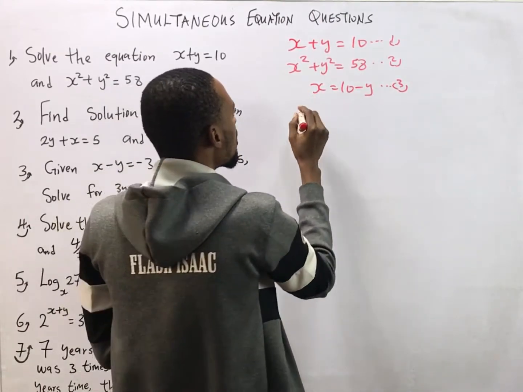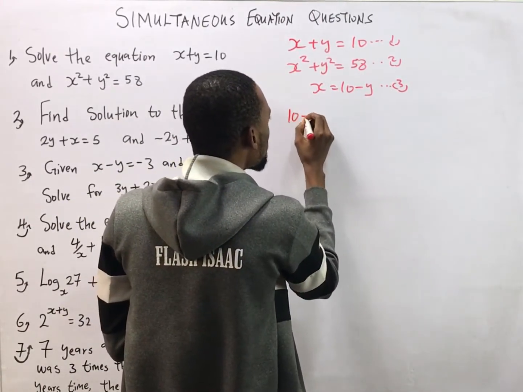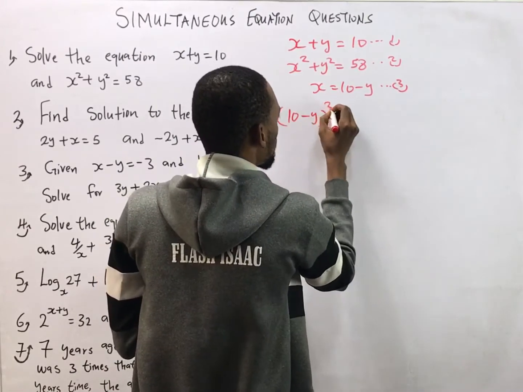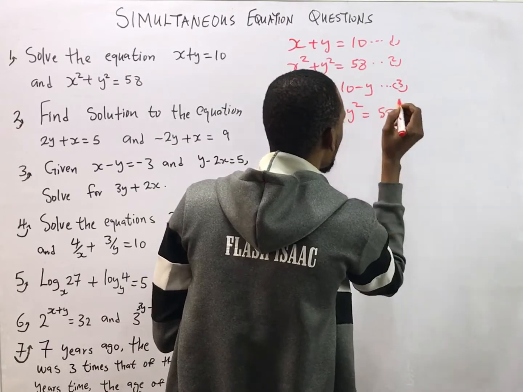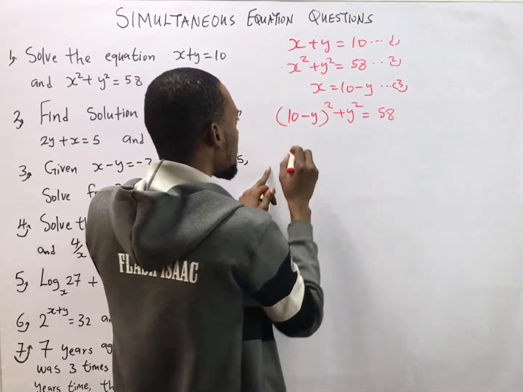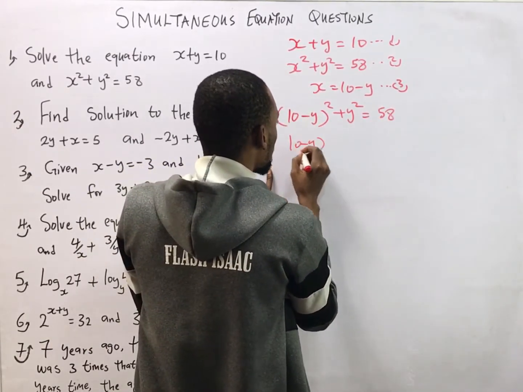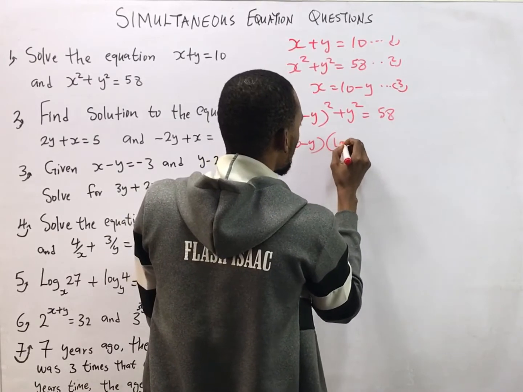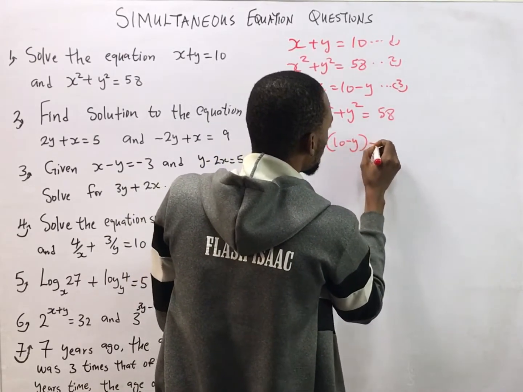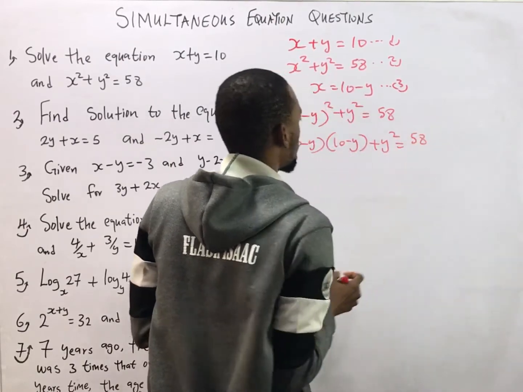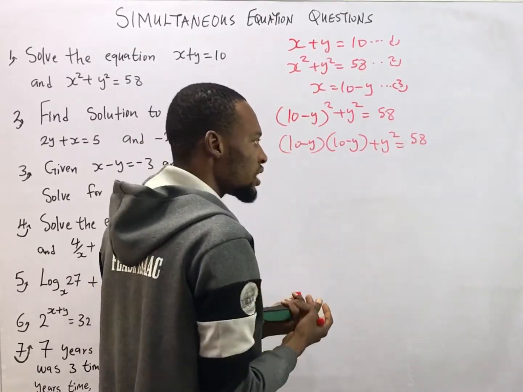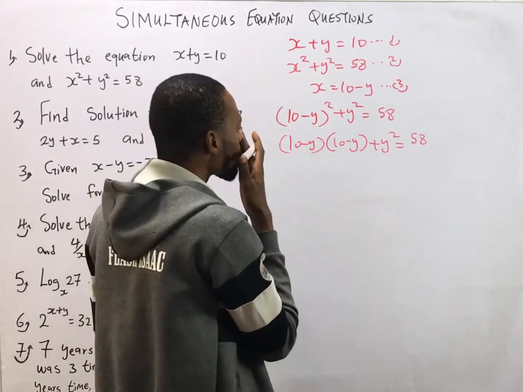Substituting, x squared simply becomes (10 minus y) squared plus y squared equals 58. This is the same thing as (10 minus y) times (10 minus y) plus y squared equals 58. If I say 2 squared, that's 2 times 2.